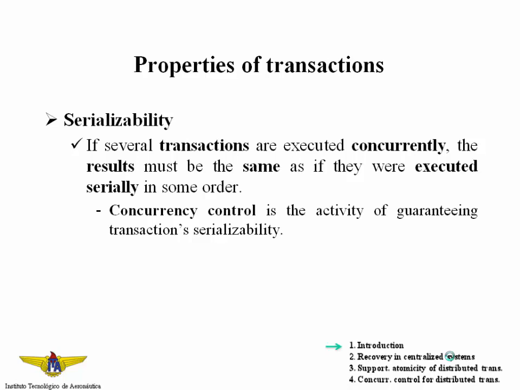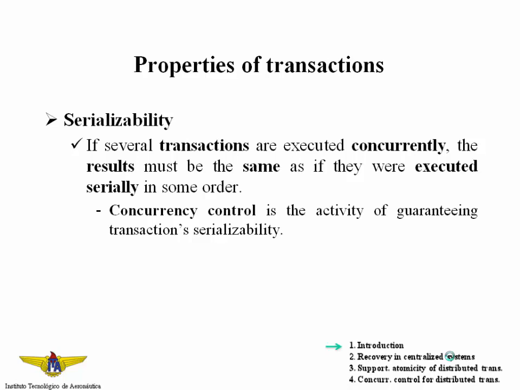The serial execution of transactions is said to be correct by definition. So if you have, for instance, three transactions, T1, T2, and T3, any ordering of these three transactions is correct in terms of execution.